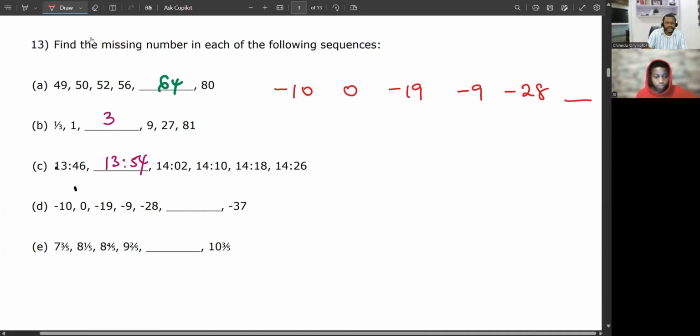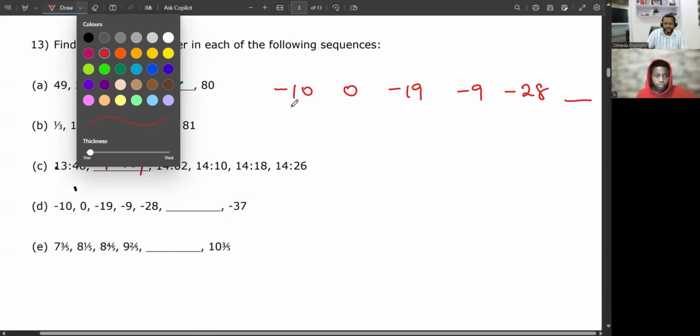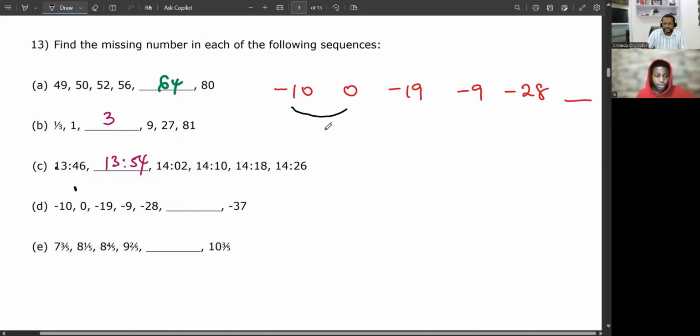All right. So let's look at it. This number goes up by what? From minus 10 to 0, up by plus 10, am I right? Yeah. Good. Now from 0 to minus 19 is how many? It's going down again, by minus 19, right? Next.